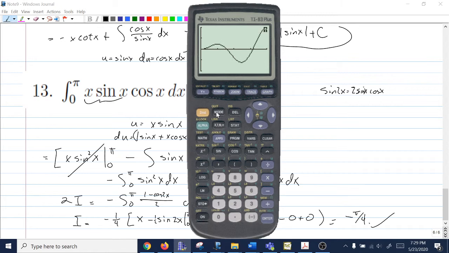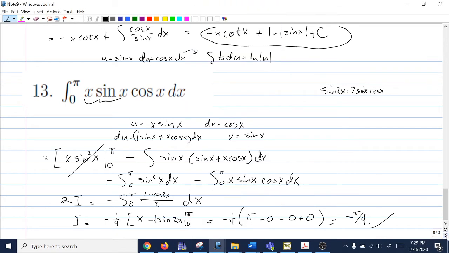Hey calculator, please calculate the integral from 0 to pi. Pi over 4 is a little bigger than 3/4. This makes sense. Cool.